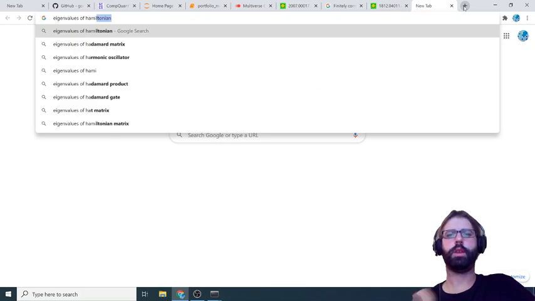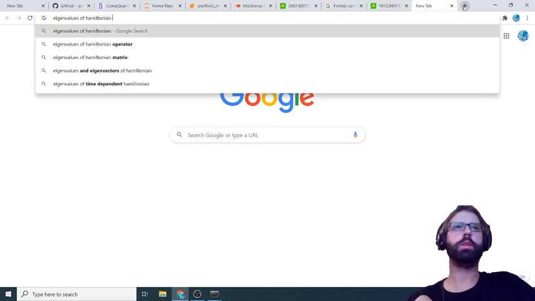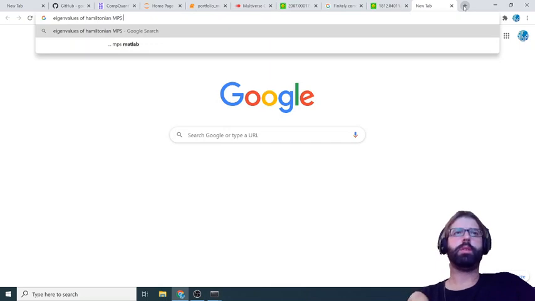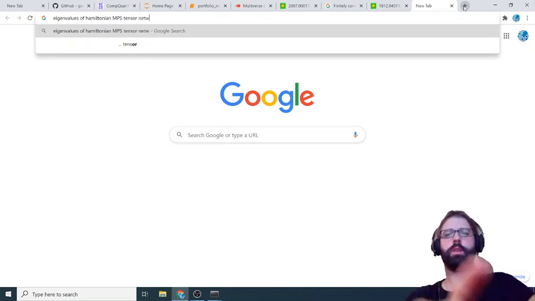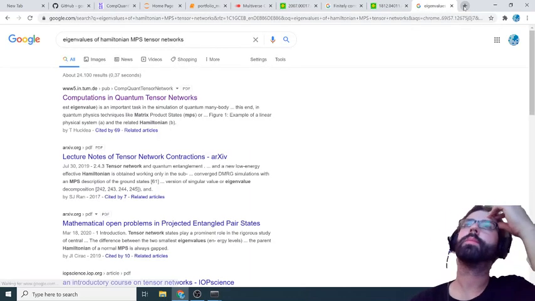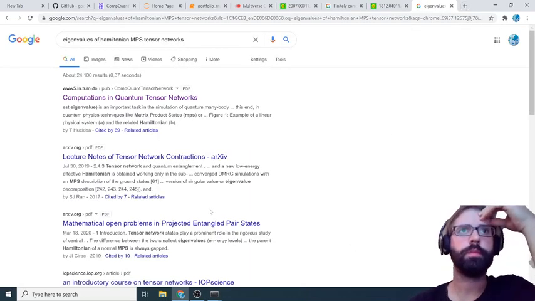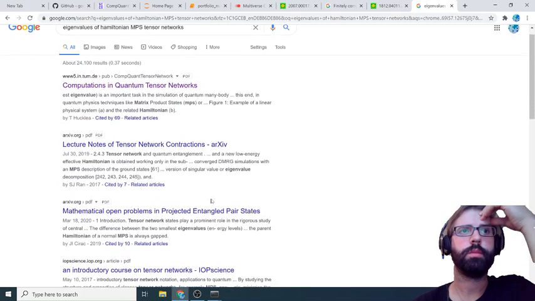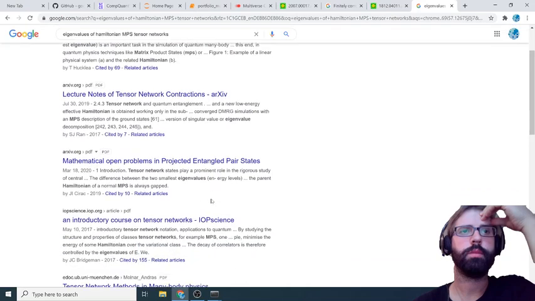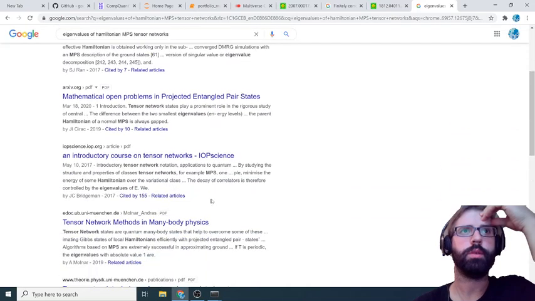Eigenvalues of Hamiltonian, MPS, tensor networks.